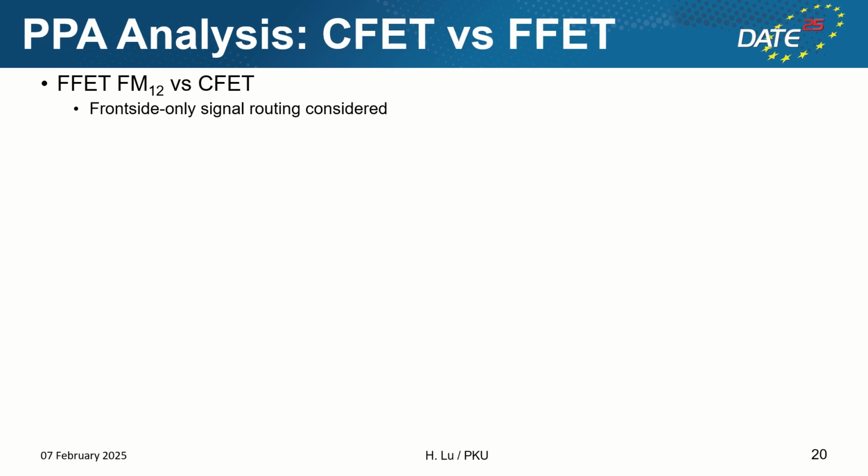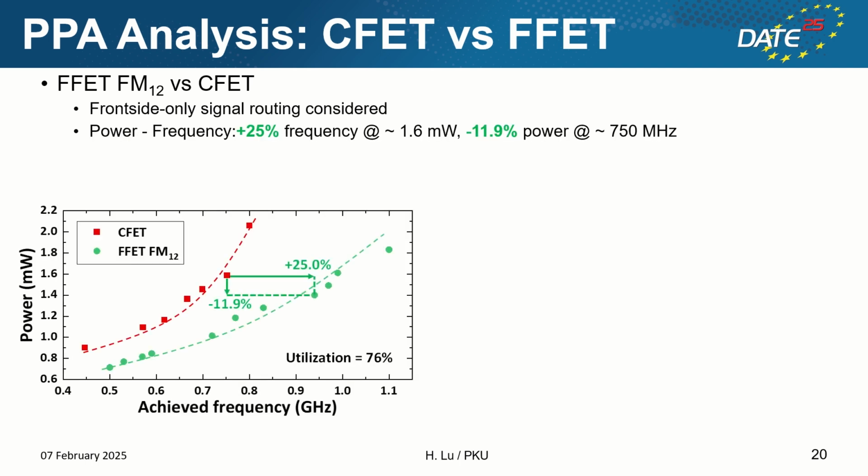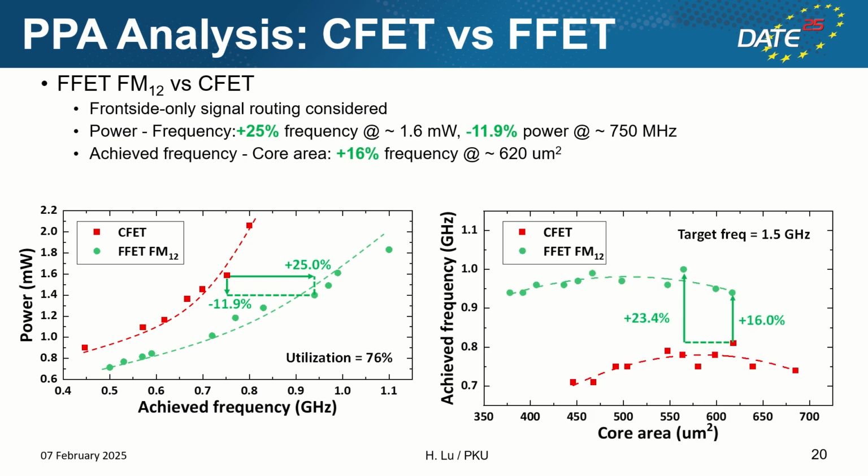Next, we compare the block-level PPA between FET and CFET, both with frontside only signal routing for fair comparison. The FET has much improved power frequency relation and a much higher frequency at the same core area compared with CFET. These advantages are because the FET standard cell libraries have better performance in terms of area, timing, and power.